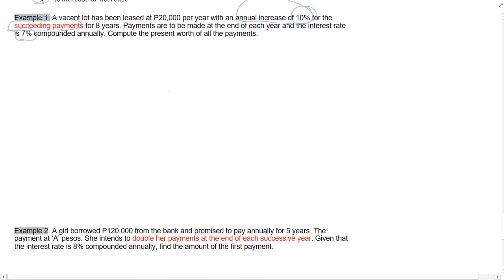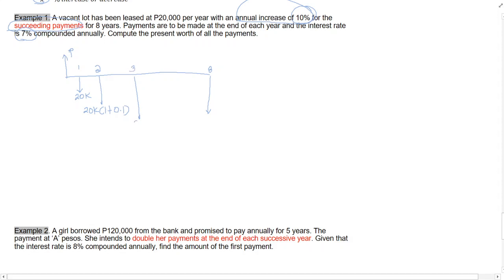So if we are going to draw the timeline for that, if this is your present worth, until the 8th year, this will become your future worth there. And then at the first year, that is 20,000, 20k for the second year, that is already 20k multiplied by 1 plus the percent increase, which is 0.1.